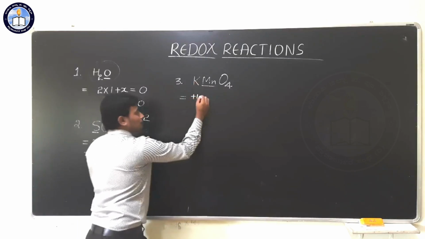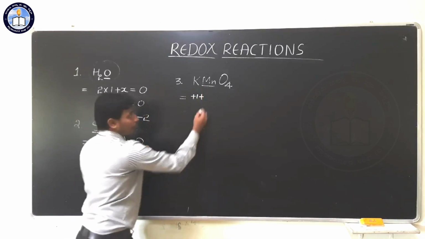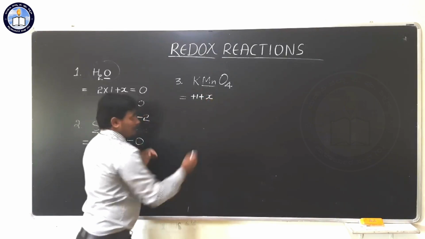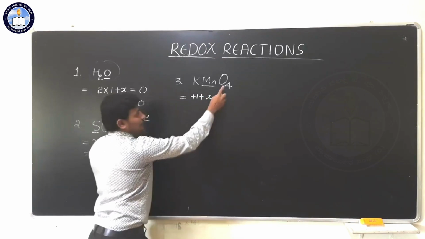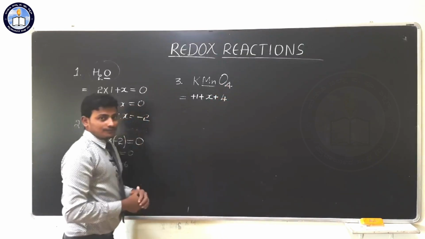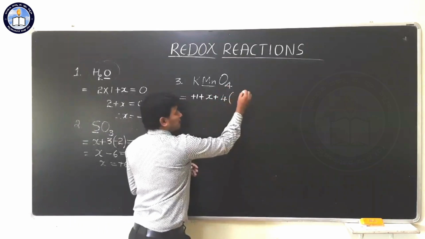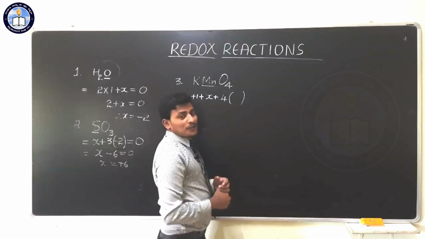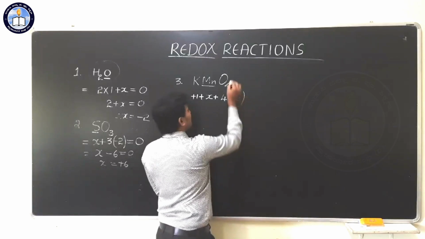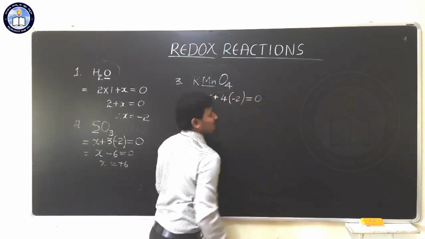Plus, for Mn we need to find out, therefore we write x, plus there are 4 oxygens, so I write 4 into the value of oxygen, minus 2. There is no charge on this, therefore it is equal to 0.